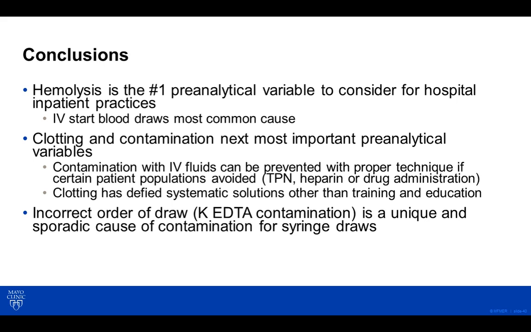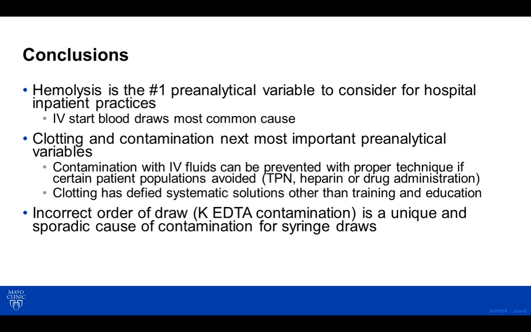in terms of introducing too much free hemoglobin is the practice of drawing blood during an IV start, usually in the ED, but it could be in other areas. And I suggested that the best you can do with IV start draws is a 5 to 8% hemolysis rate, whereas if you can move away from those, you can get hemolysis down lower, 2-3% in our practice, and other practices suggest in problematic areas like ED and ICU and NICU, 2-3% may be among the better you can do.